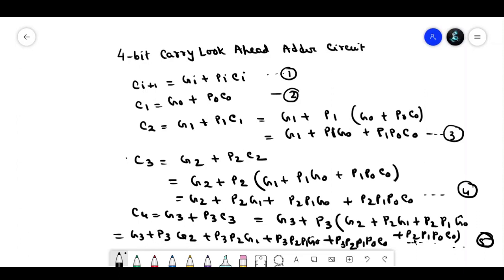For this reason, we can say that the equations are called the carry look ahead generation. And the 4-bit carry look ahead adder circuit, if I draw the circuit, that is dependent on only C0.